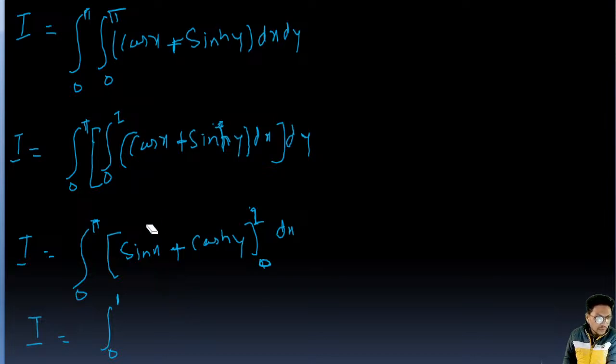So it is going to be 0 to 1. Okay, it is going to be cos hyperbolic 1 minus 1. Okay, we'll put the value. So it is going to be like this, 1 minus 1.